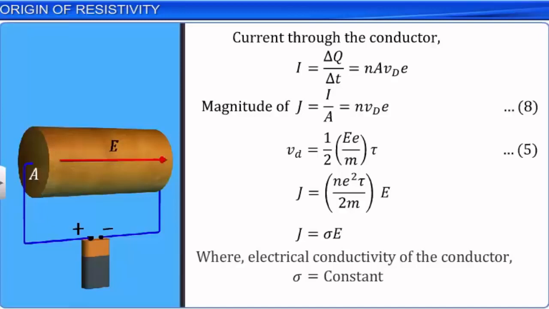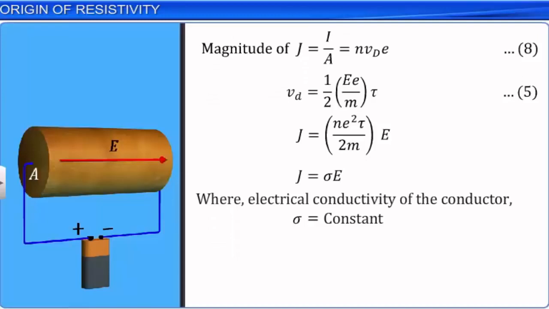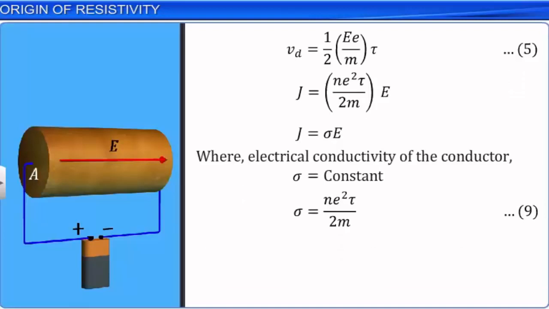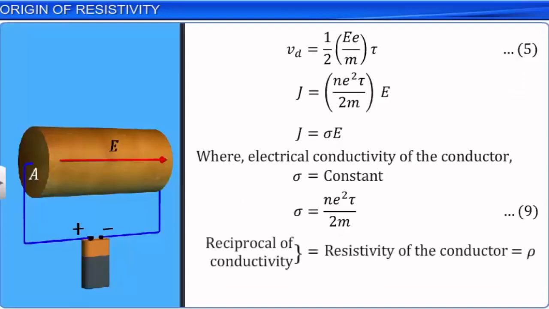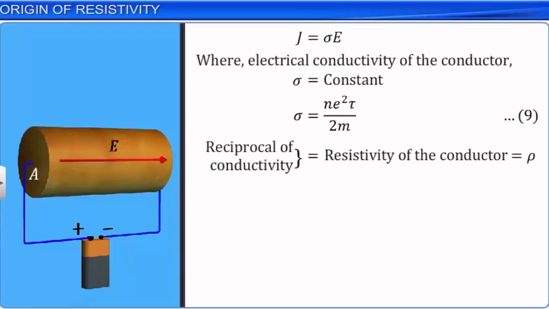Thus, sigma is equal to n e square tau by 2m. Let this be equation 9. The reciprocal of conductivity is called the resistivity of the conductor. It is denoted by the Greek alphabet rho. From equation 9, resistivity rho is equal to 2m by n e square tau. Let this be equation 10.